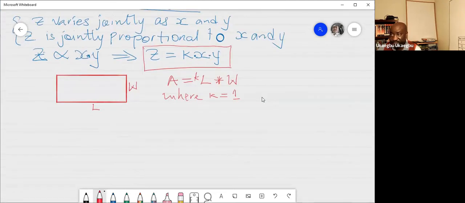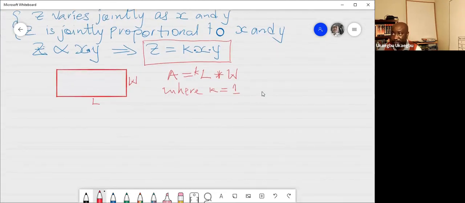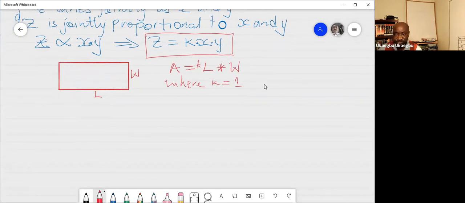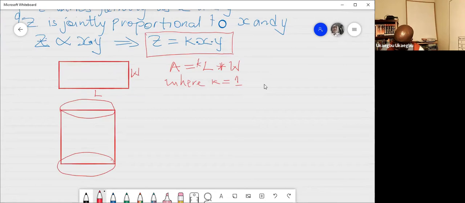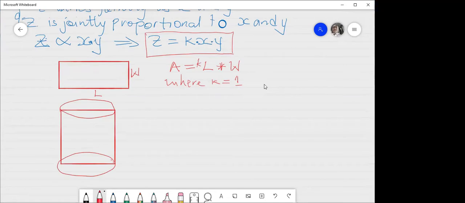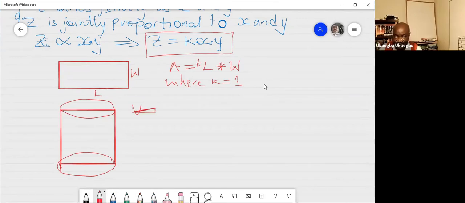Let me draw this shape again, and you tell me the shape and then the formula. What's the name of this shape? Cylinder. Okay, so what's the volume? The volume of a cylinder is base area multiplied by the perpendicular height.